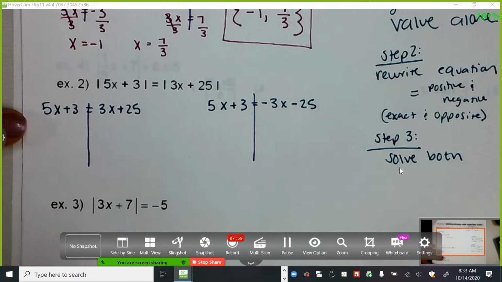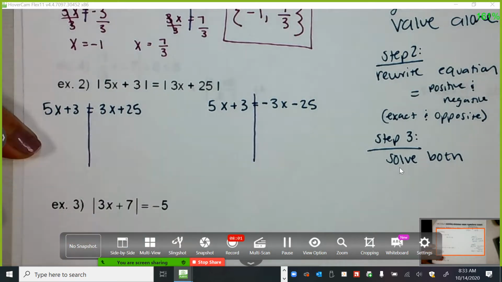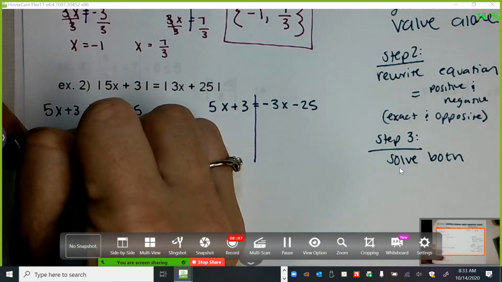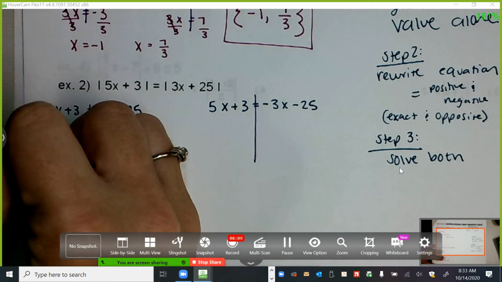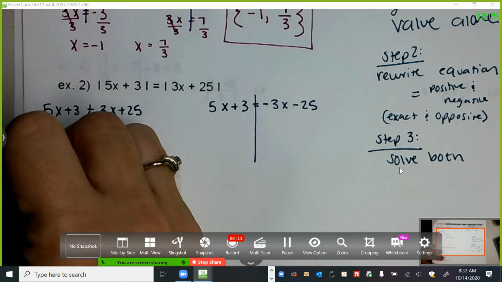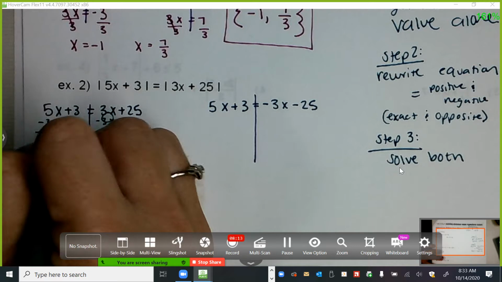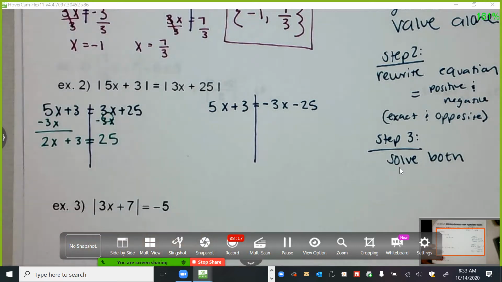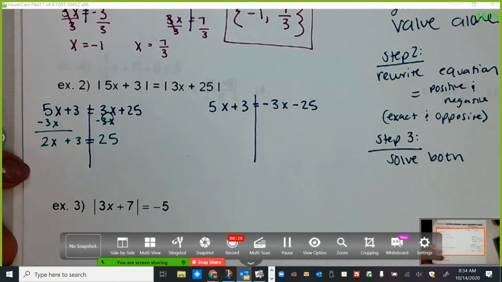Okay, so how do I solve this left one? Subtract 3x from both sides. Bring down what I haven't messed with. Okay, and now what?